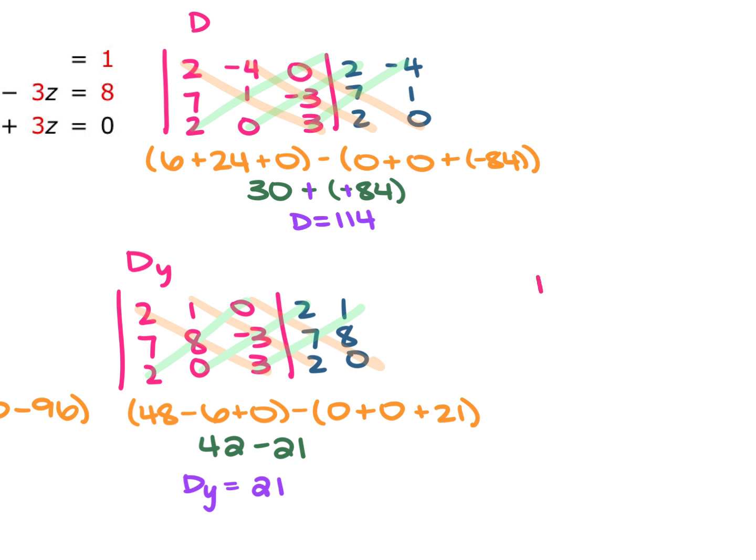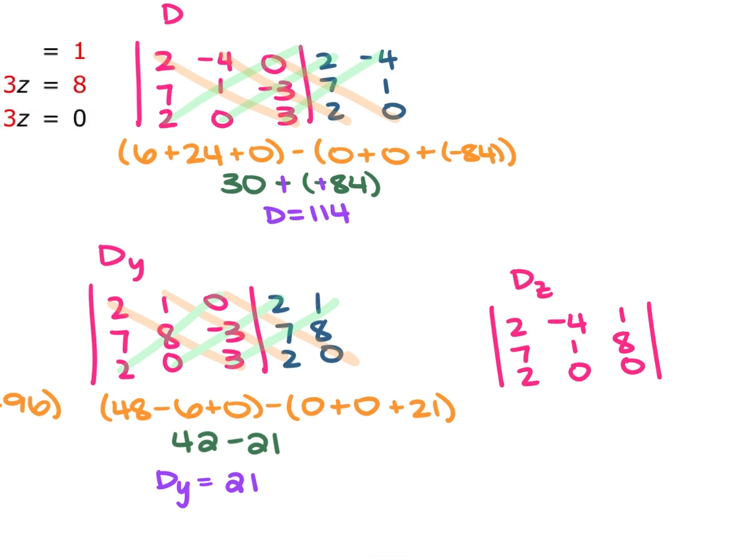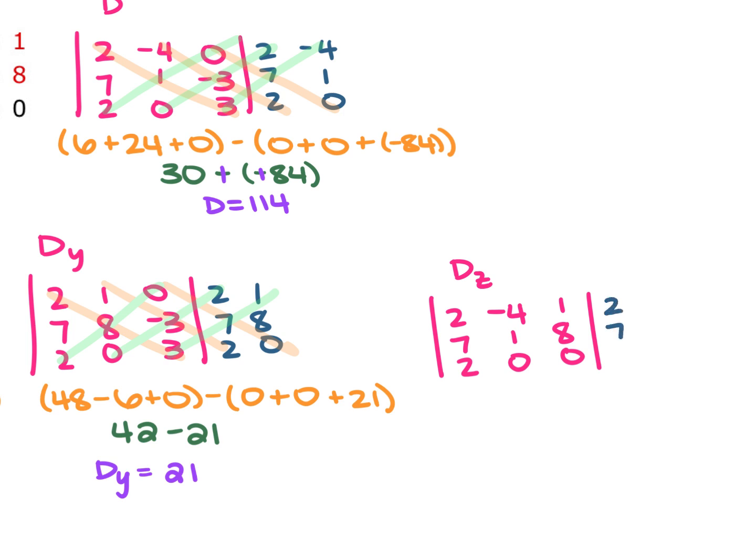Next, find your d sub z. Remember, x values stay 2, 7, 2. Y values stay negative 4, 1, 0. Z values become answers 1, 8, 0. Rewrite the first two columns. So 2, 7, 2, negative 4, 1, 0. Multiply from top to bottom. Subtract your sums there from multiplying bottom to top. So this is going to give you 2 times 1 times 0, which is 0.